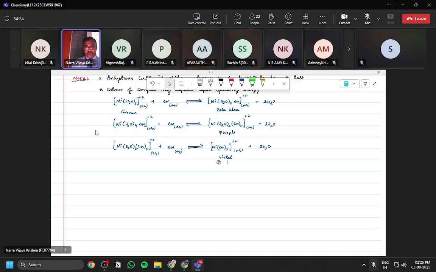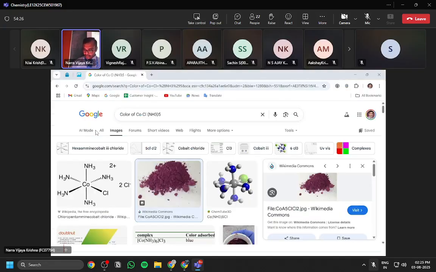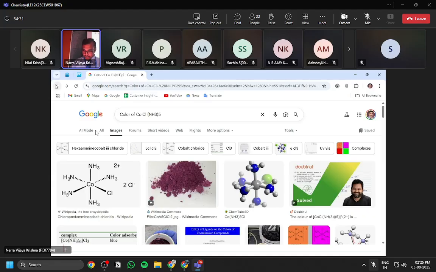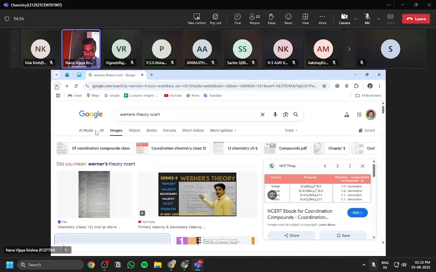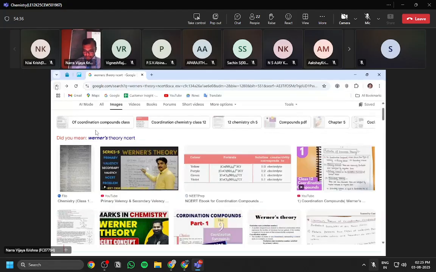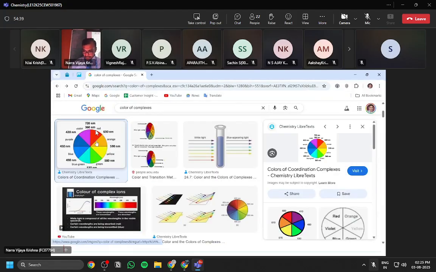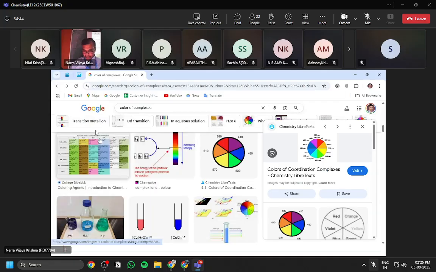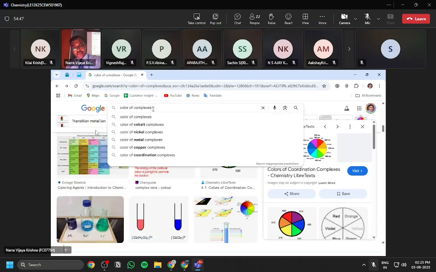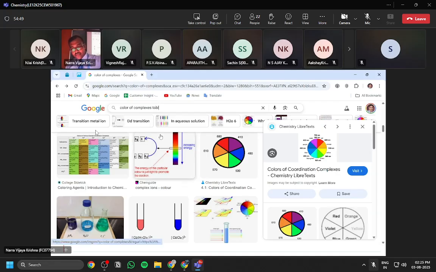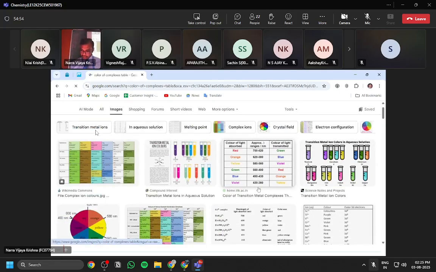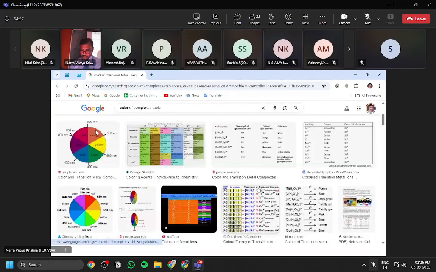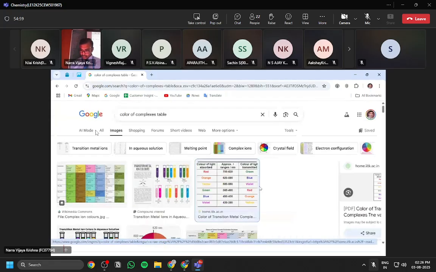One more data I have to show, sir. Just a moment. One table is there for color of complexes. I'm taking this table.